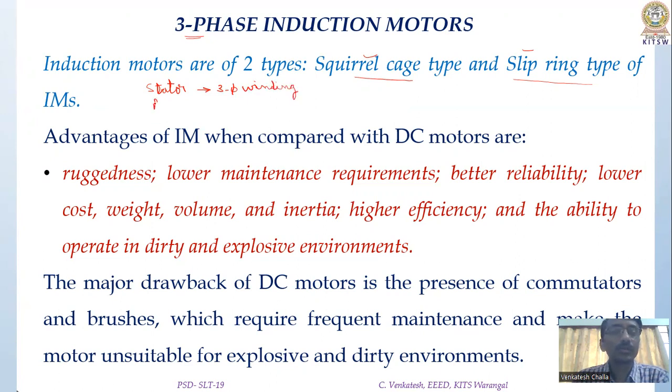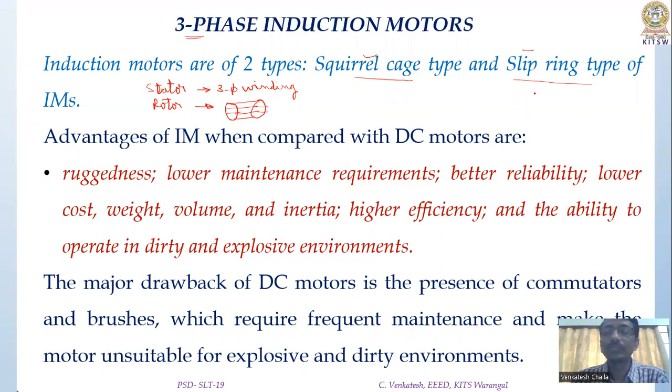And coming to the rotor, the squirrel cage type of induction motor has a closed path of the rotor winding with thick copper bars placed in the slots. And these copper bars are connected at each end by end rings.